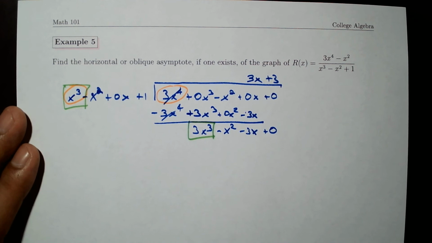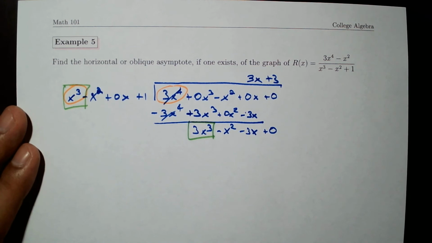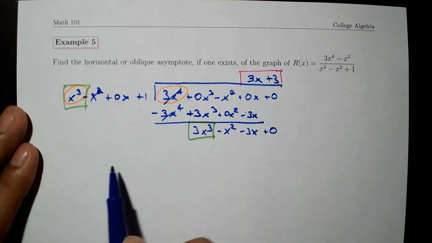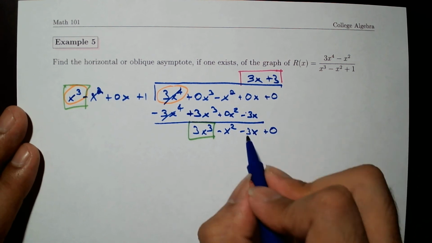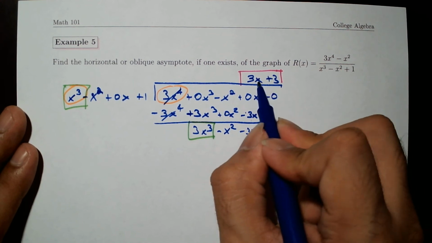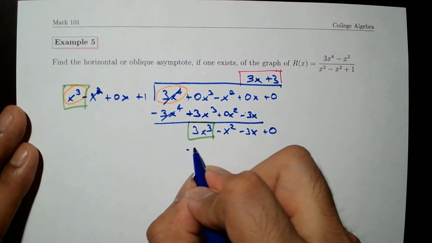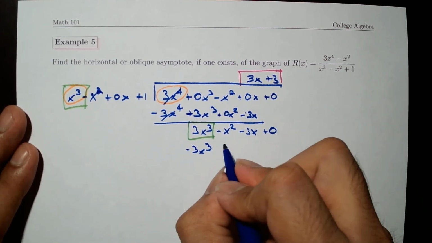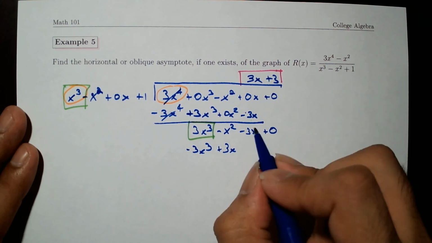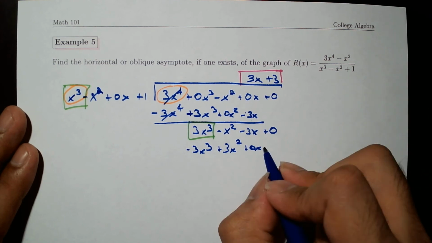Okay, and guys, in this case, you don't have to keep going for the rest of the division because we already had the quotient. The moment you get the quotient, you don't need to do the rest, because I'm not asking you to show me a polynomial long division. I'm just asking you to find the quotient. But if you want to, that's 3 times x cubed and negative 3x cubed, and then plus 3x squared plus 0x, and then minus 3.